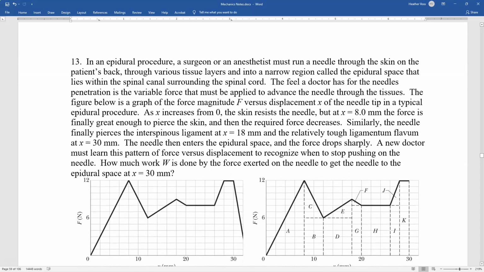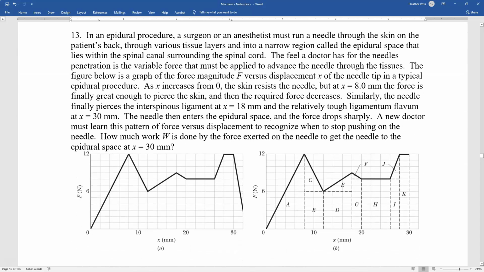So we have a medical procedure where we have to put a needle through the skin. So if we mapped the forces that are applied, this is the part that matters to us. I realize that we are not a medical academy, but the part that matters to us is this graph right here. We have a force versus position graph.